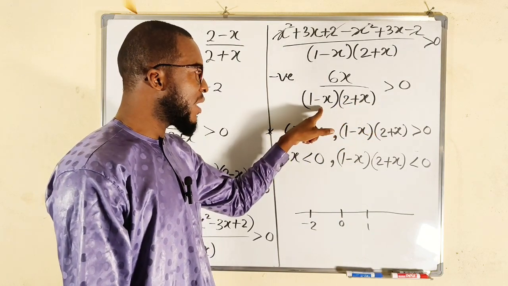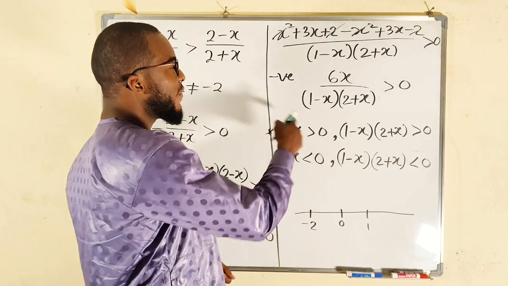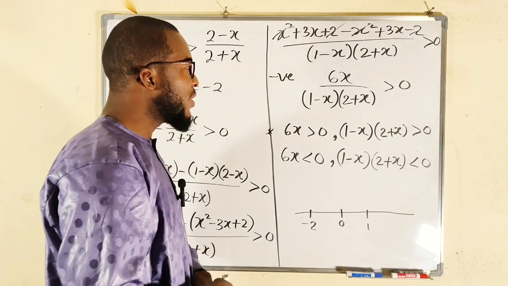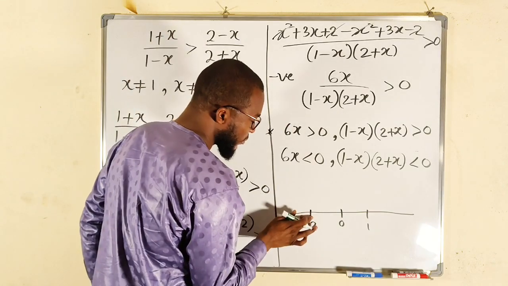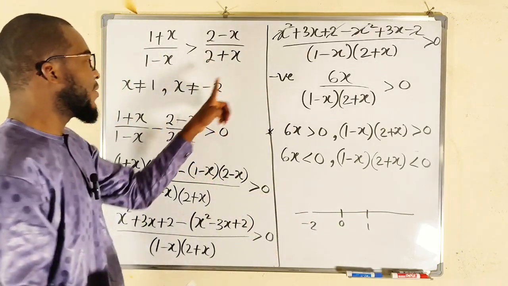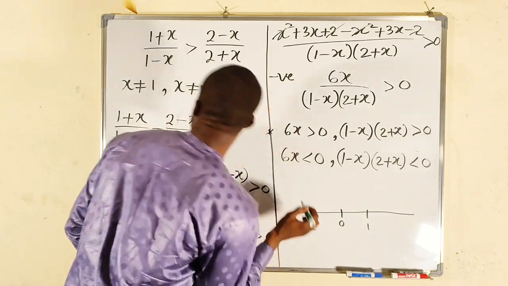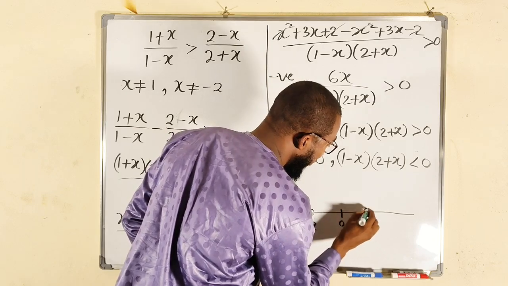And 0 times whatever will give us what? 0. So to the bottom we are dividing by 0, and whatever we have to the top divided by 0 is undefined. So we cannot choose negative 2. Already we know that it cannot satisfy. We don't even have to waste our time here. Likewise 1, it cannot be equal to 1. So we have an open circle here.